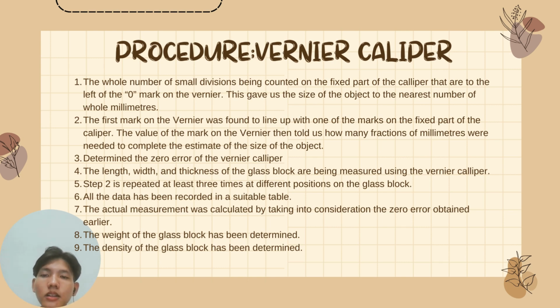Sixth, all the data is recorded in a suitable table. Seventh, the actual measurement is calculated by taking into consideration the zero error obtained earlier. After that, the volume of the glass block is determined, and after that, the density of the glass block is determined.